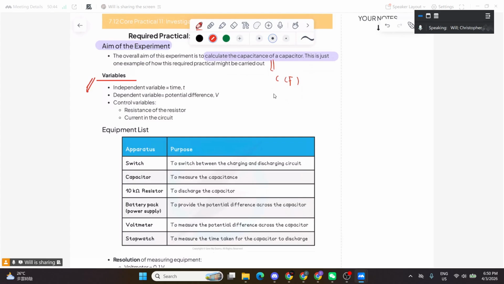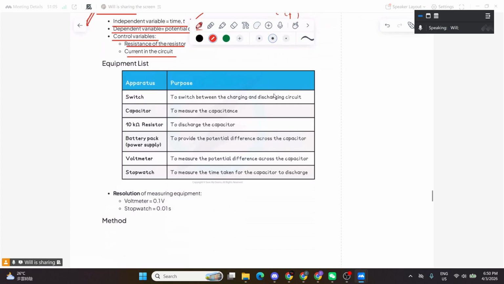Okay, the independent variable includes the time. The second one, the dependent variable, is the potential difference. And here are the control variables. The control variables are really the resistance of the resistor and the current in the circuit.